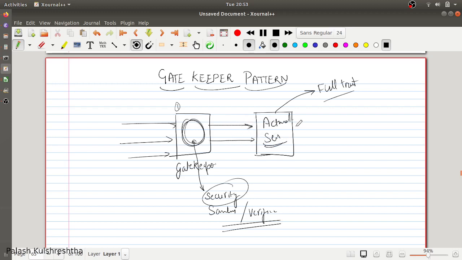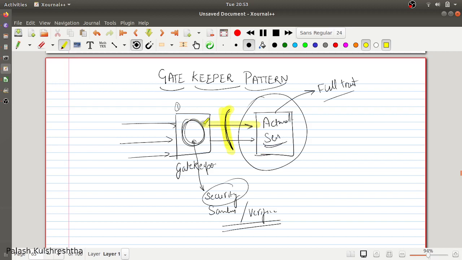If you want to make your actual service more secure, you can increase the security at this layer by adding authentication and authorization, so that communication between your gatekeeper service and actual service also happens over authentication, maybe JWT or username password based authentication.